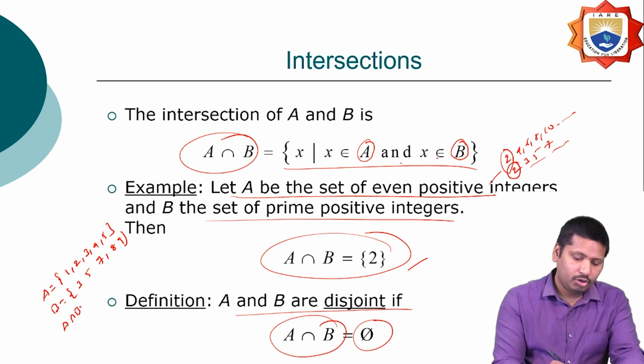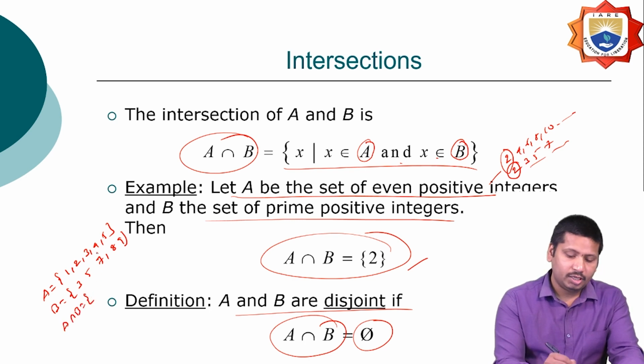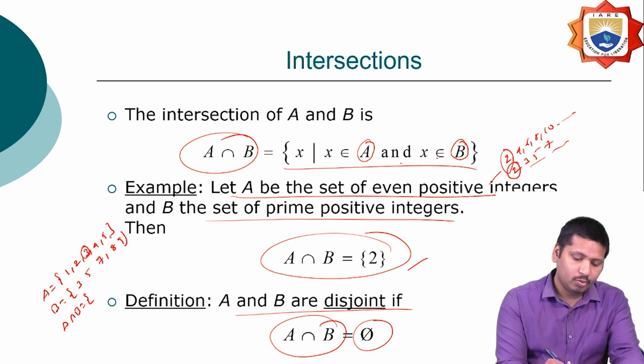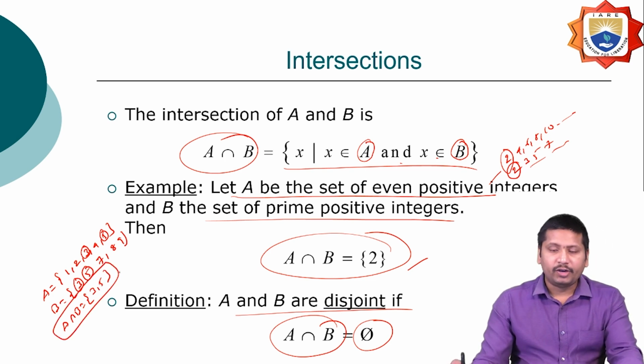A intersection B means the elements common to both A and B, so 3 and 5. A intersection B is 3, 5.